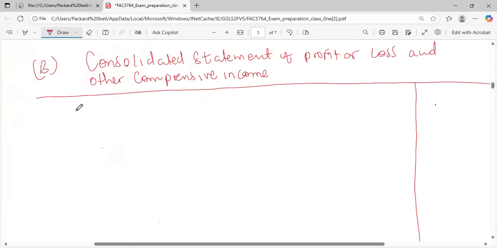So in our revenue, we are going to have 840,000 plus 248,000 plus 190,000.